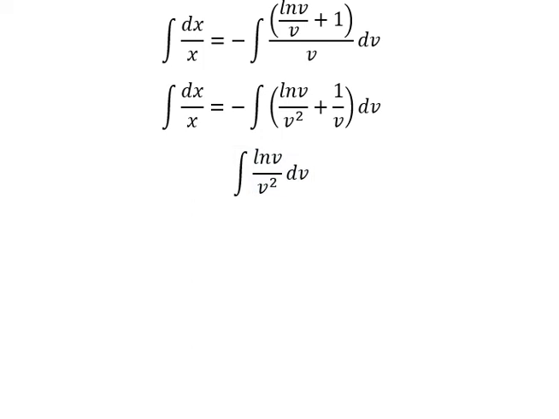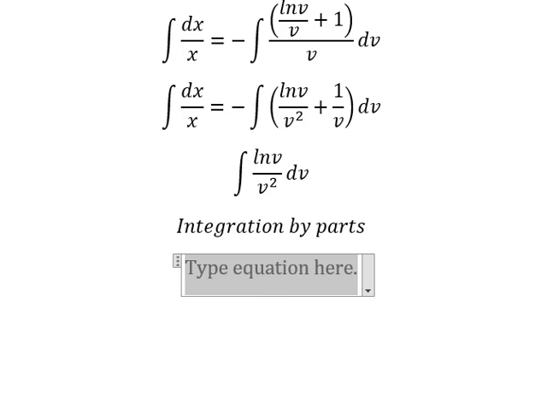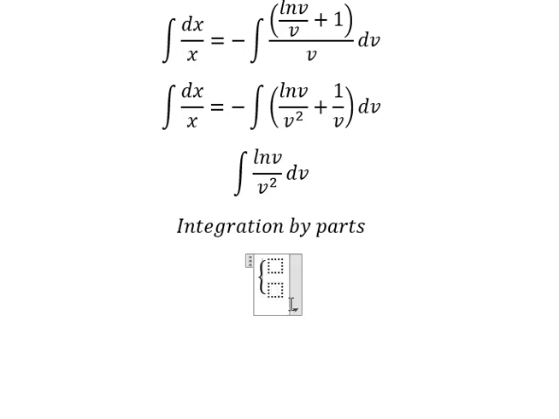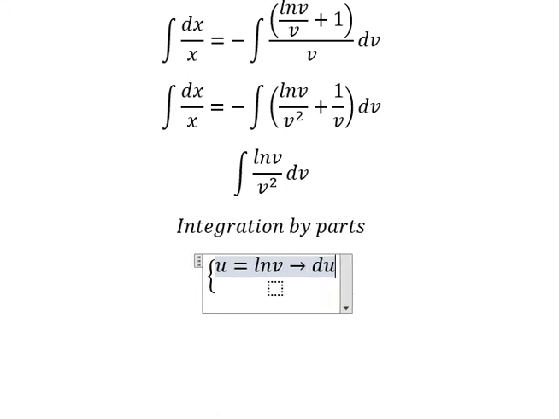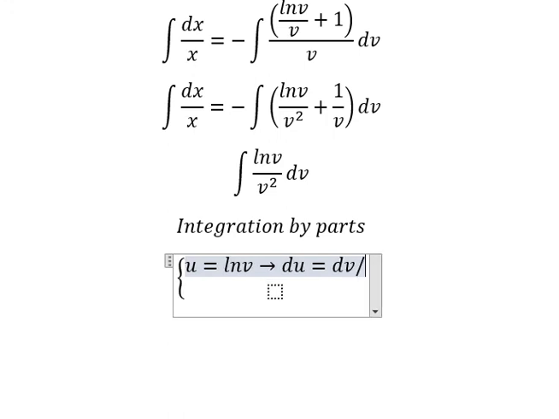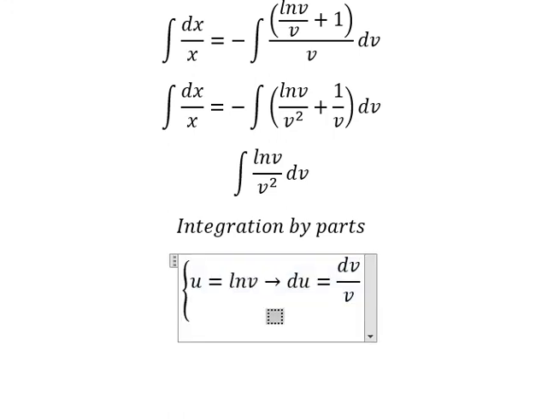So we need to use integration by parts. So I will put u equals ln v. Later that we do first derivative for both sides, and you got du equals dv over v, and we have dt equals dv over v squared.